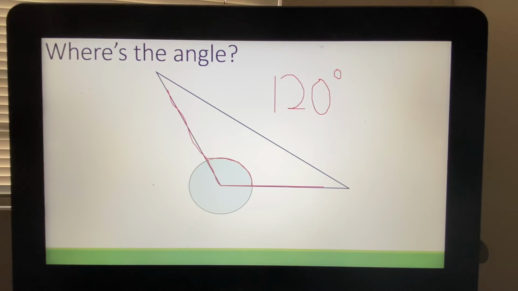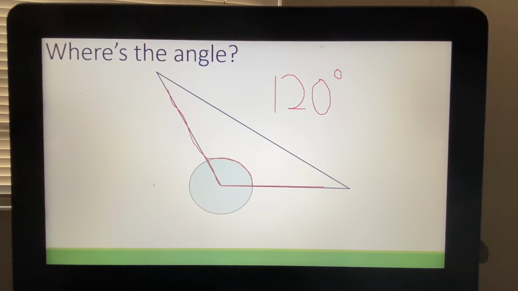We'll get into that tomorrow. Now, you'll be answering questions using your protractor, figuring out what degree of measurement a triangle is, and explaining your reasoning of why you think it's an acute, right, or obtuse.